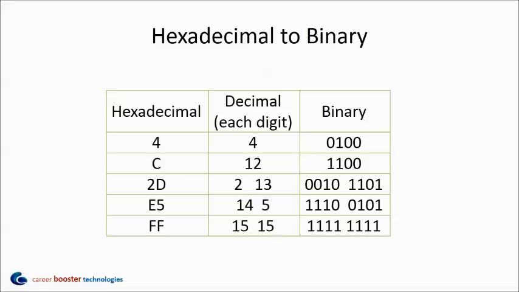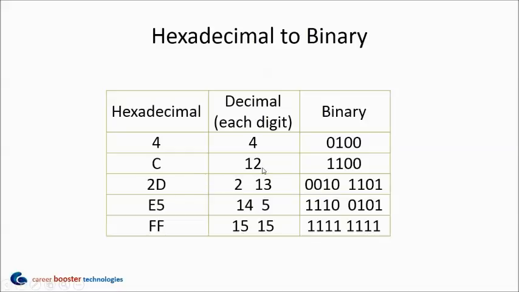So the easy way to convert any hexadecimal into binary is you take each digit and convert it into a 4-bit binary. Suppose I have a 4. Decimal also is 4, so I convert this to 0100, with 8421 weights.